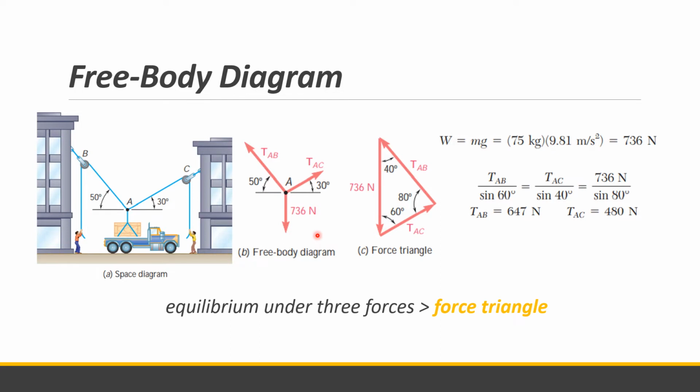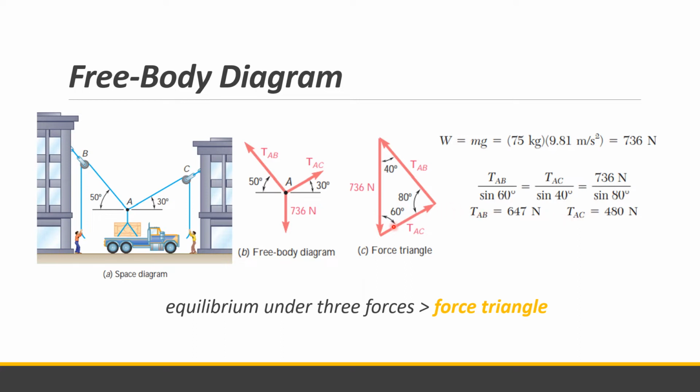Okay, so when a particle is in equilibrium under three forces, the problem can be solved by drawing a force triangle. So just like this example, you can solve it using the component method, but the force triangle is faster. So this is the manner of solution. It is faster compared to resolving into components, and the solution is short.